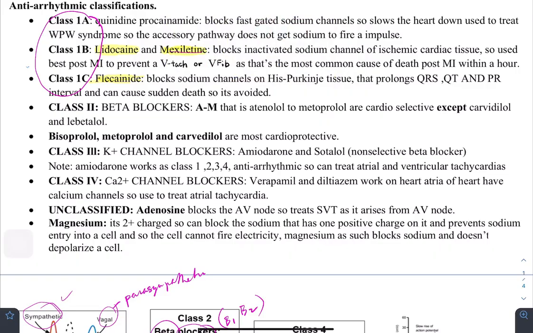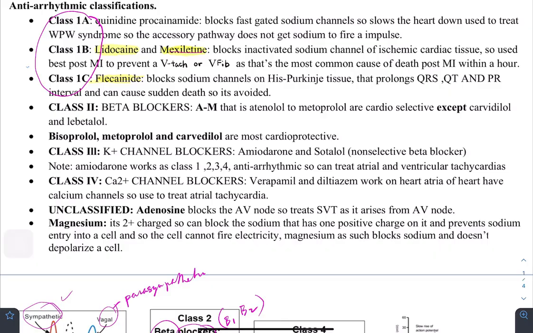Yes, lidocaine is also a topical anesthesia, because the way lidocaine works and mexiletine is how they are sodium channel blockers. So they block sodium and eventually block calcium for contraction and pain. So they are quite useful as a local anesthesia.